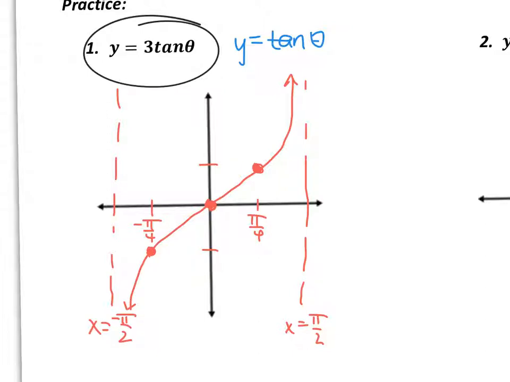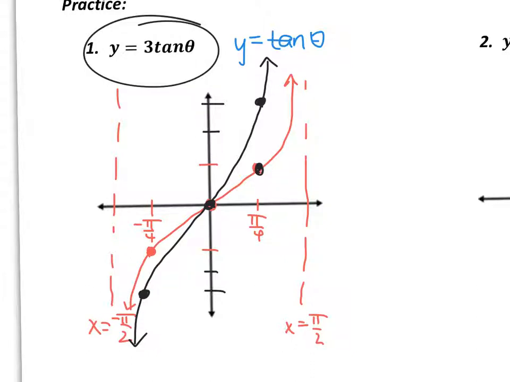It's going to make it a steeper curve. Okay, so he says that this point is now going to shift up to the 3. And so therefore, what about the point on the left? It's going to go down 2 more to the negative 3, yeah. Okay, and it'll still pass through the origin, and so this is what 3 tangent of theta looks like.